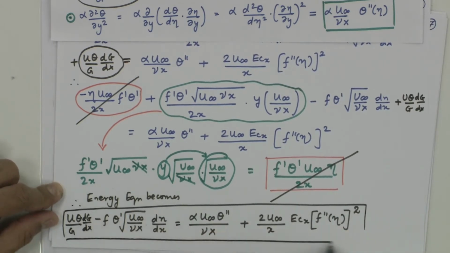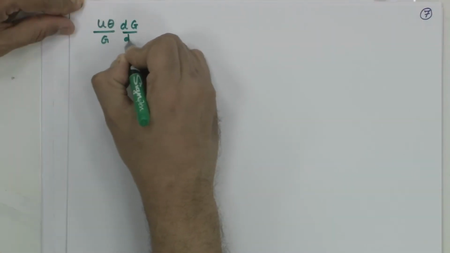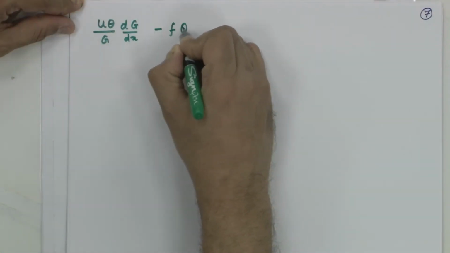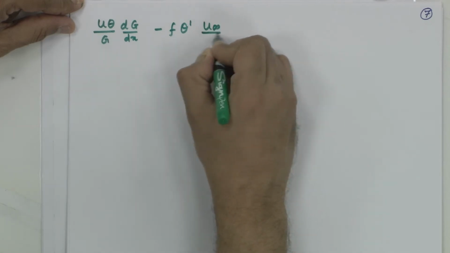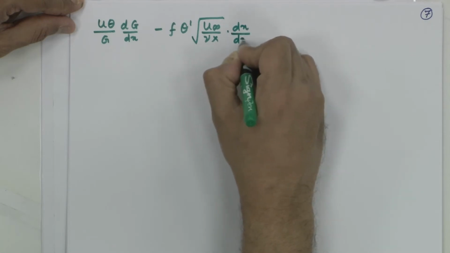Now I have to manipulate these two terms on the left hand side. So let us look at them one by one. So u theta by g dg by dx minus f theta prime u infinity by nu x under root dn by dx.